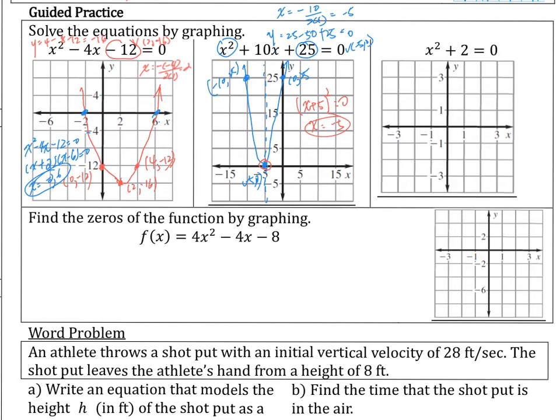And if we look at this one, x squared plus 2 equal to 0. Now, okay, and then we find the axis of symmetry.